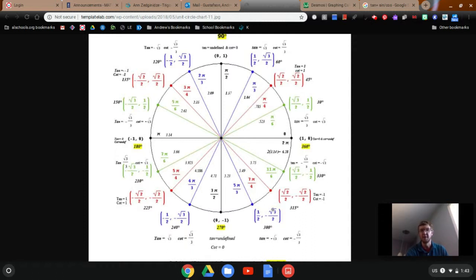So by flipping the positive and the negative of those two values, when you find the cotangent, you end up with the same result, negative root 3 over 3. So it's always going to end up being a 180 degree rotation from where you started.